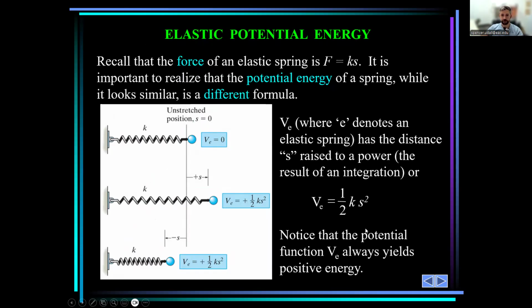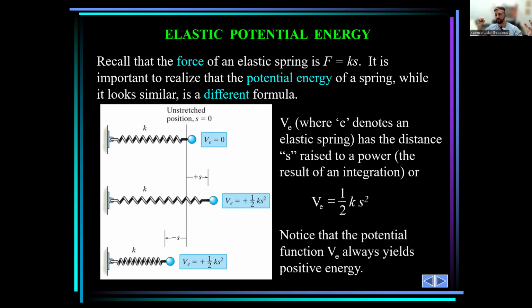Okay, so potential energy, because it's 1/2 ks squared, you can't put any distance in there that's going to make this a negative. So that's always going to be positive, which is interesting. But if you think about it, now it is the case where this is always going to be positive, right? If you stretch out a spring, could it go further stretched when you release it?